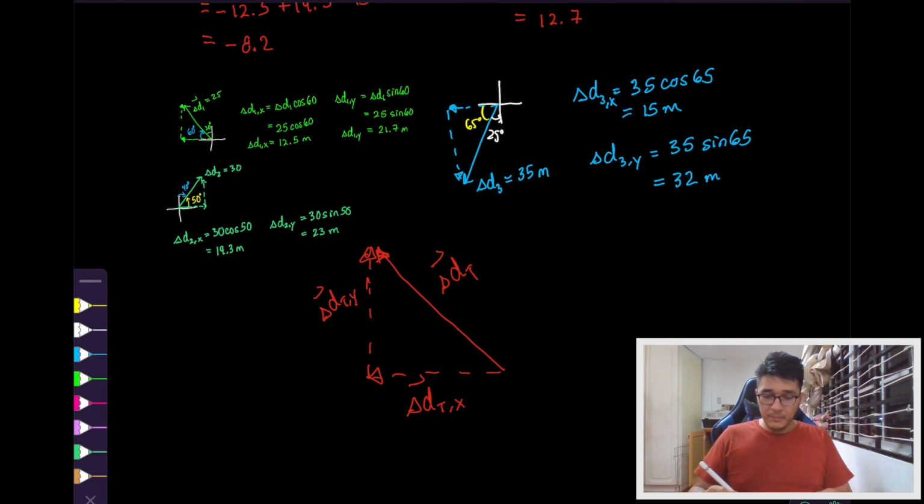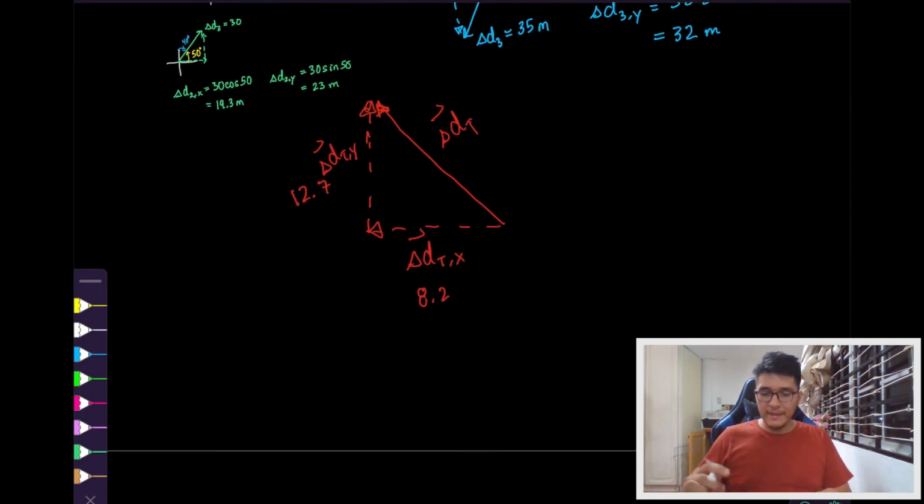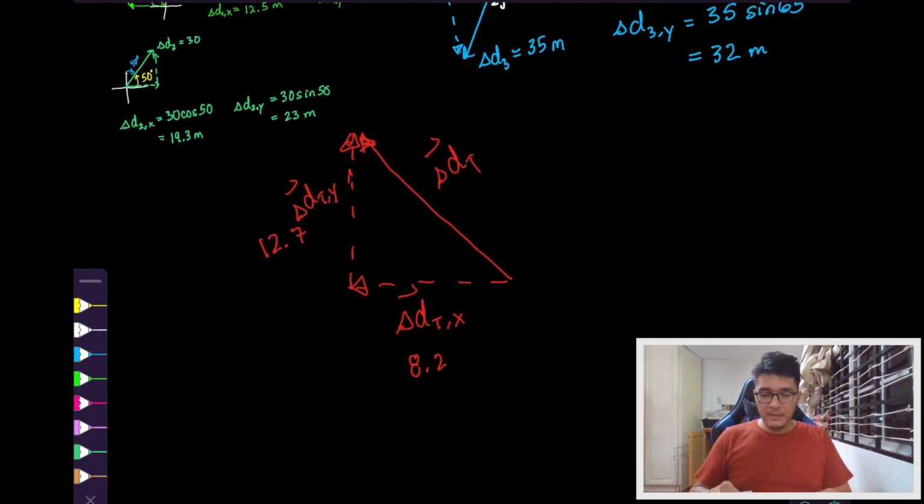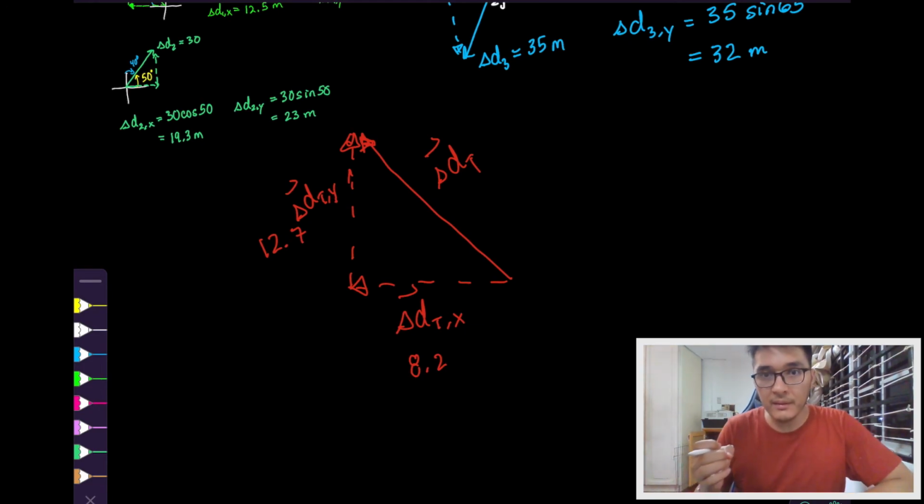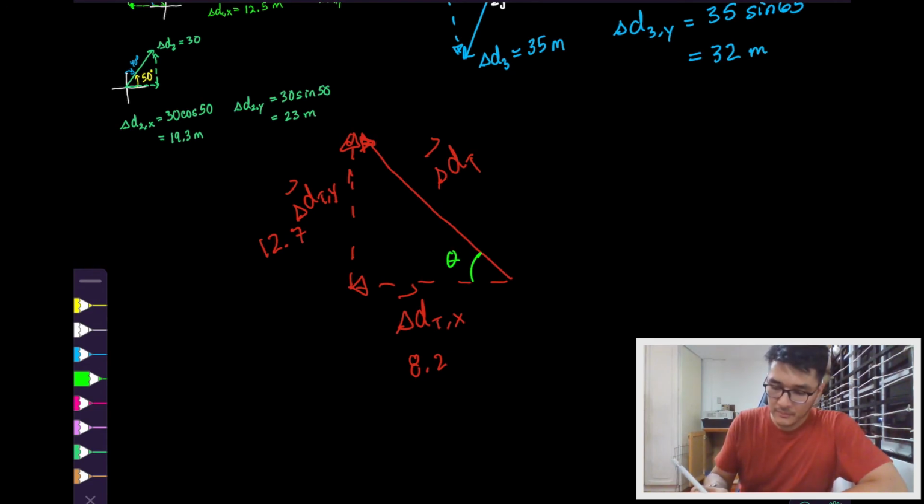So this had a value of 8.2. This was 12.7. Now the reason why I did that is we want to find the magnitude with the Pythagoras theorem and the direction from the tan ratio. So we've done that before, right? So tan theta will be opposite over adjacent, which is the y component over the x component.